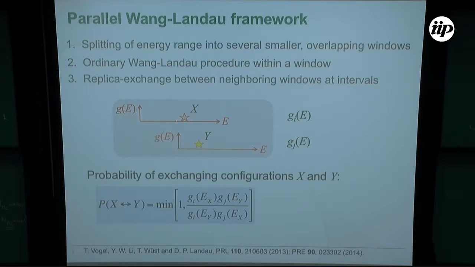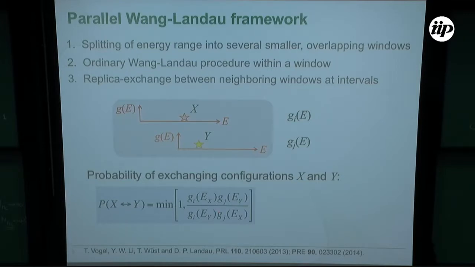But then once in a while, you freeze the entire simulation and ask whether you want to do the configuration exchange between different windows. Then you need to look at the acceptance probability and see whether to accept the change or not.